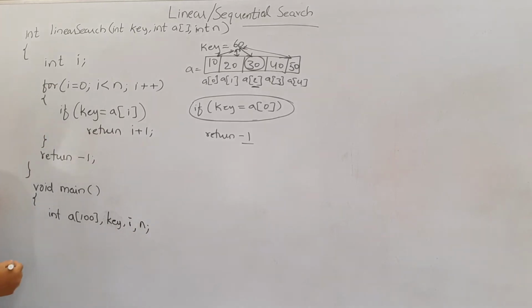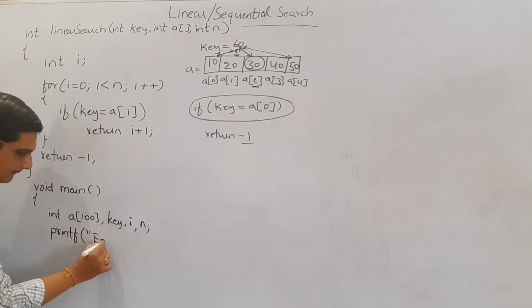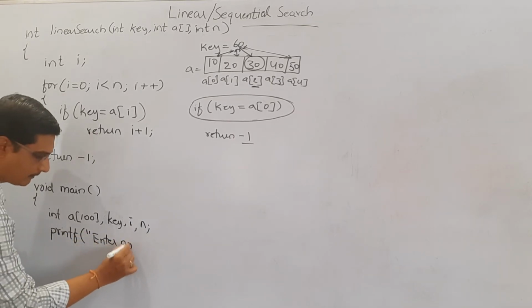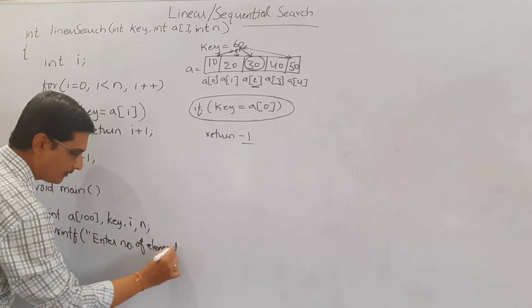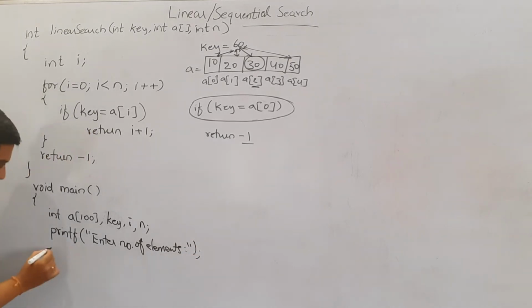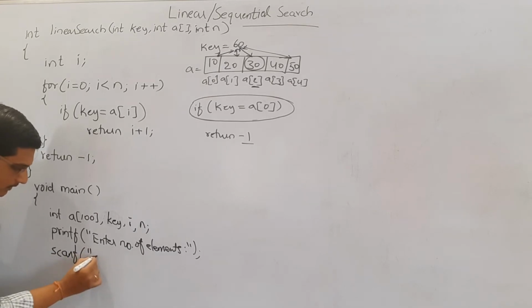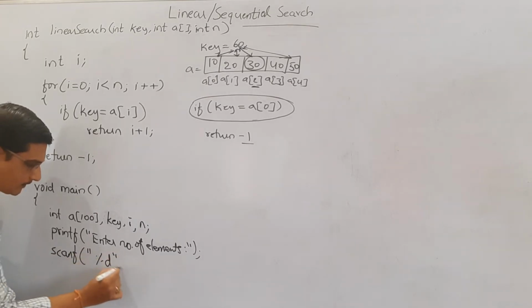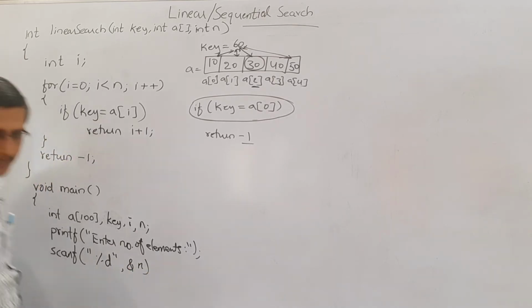All these are the variables we require. We can ask the user to enter the number of elements in the array, using percentage d and ampersand n.